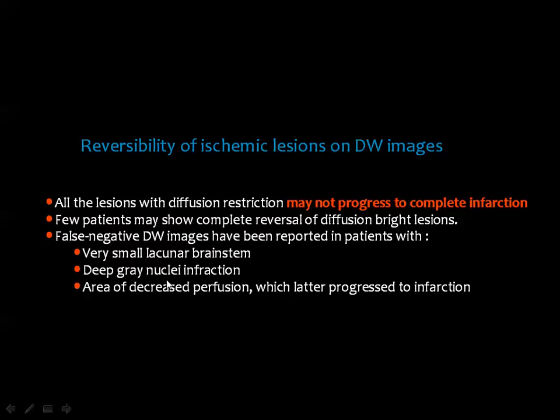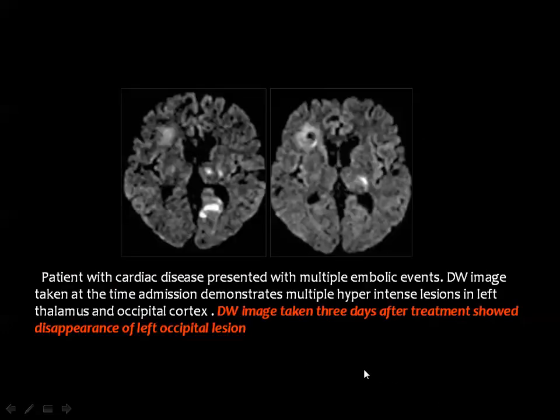Deep gray matter nuclei infarction may also not be seen, and areas of decreased perfusion which later progress to an infarction, meaning that when ischemia starts there is an ischemic tissue and an area surrounding it known as the penumbra, which shows some decreased perfusion but is not yet ischemic. Then these areas may not be seen in the diffusion weighted images.